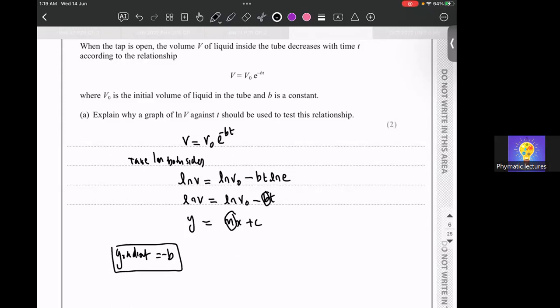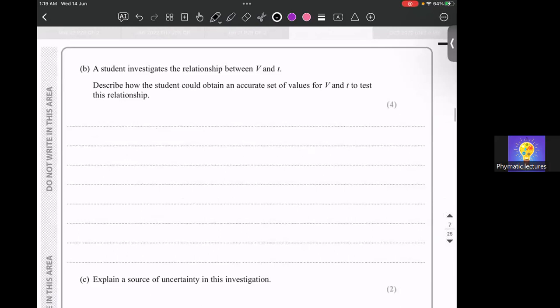And this is the reason why we are using ln V against t for testing this relationship. Clear?